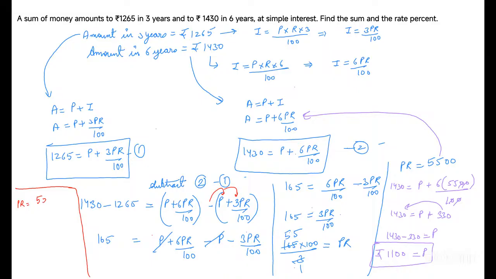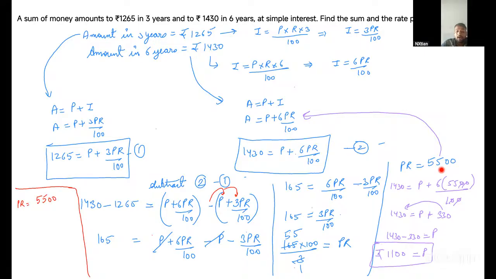See, we got the value of PR as 5,500. Now I put the value of PR into this equation, which was amount equals P plus 6PR. So I put it like that here. Now 5,500 is there, upon 100 is there, so this and this will cut.